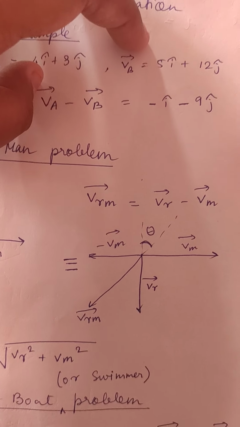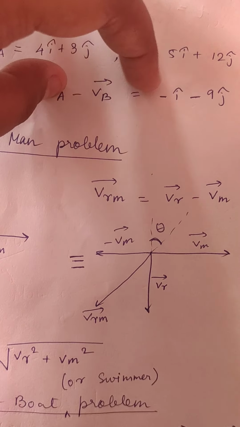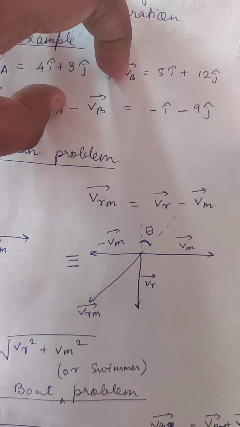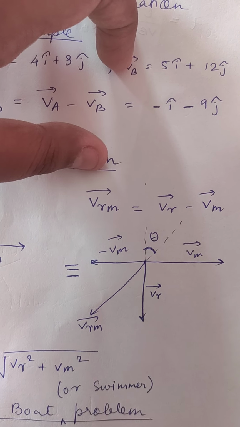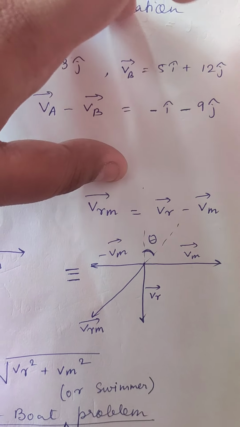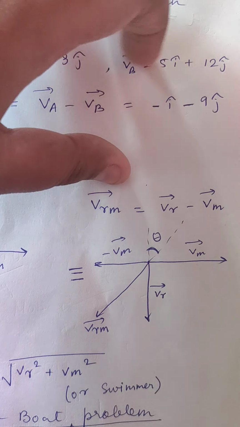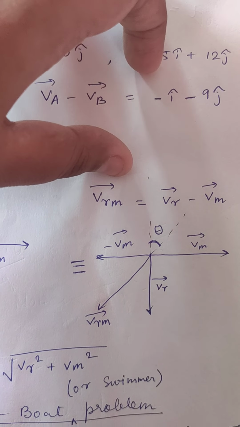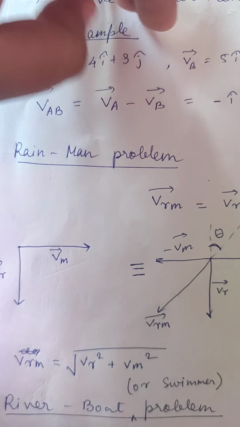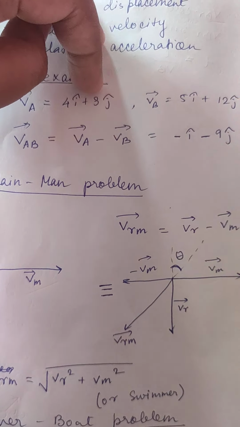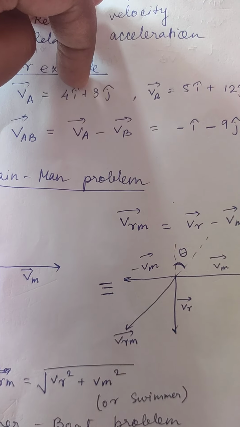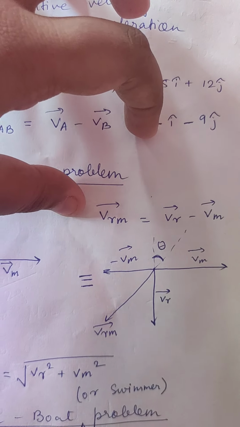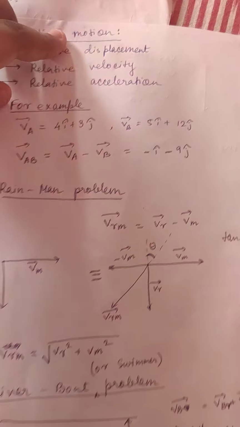Now, we need to convert this VB into a stationary body. We deduct 5 cap plus 12 cap from this one, so this becomes stationary, right? And we deduct 5 cap plus 12 cap from VA. Then we get the velocity to be this. Do you understand what I say?